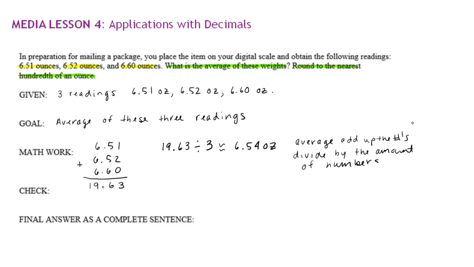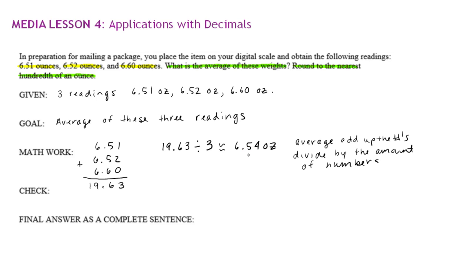Okay, but before we do, let's just make a check. Now, checking can be hard. One way to check is to redo the whole process. But I think the best way to do this is to think, does this make sense? Does the average weight, given these weights, being 6.54, make sense?